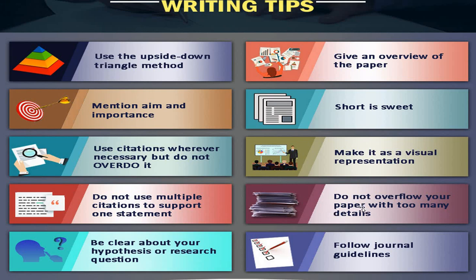Next one, do not overflow your paper with too many details. Do not give too much complicated data. Because if you give explanatory, multi-layered data, then the reader is unable to understand.